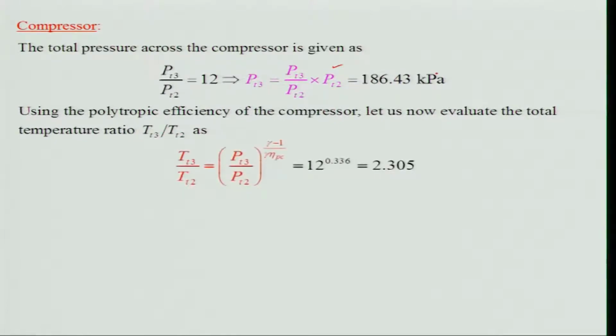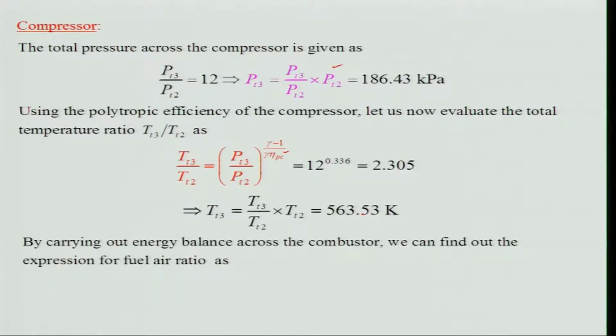The temperature ratio, we know PT3 by PT2. So, we know this polytropic efficiency, gamma is 1.4. So, you will get this ratio 2.305, right. And when you multiply TT2 by this temperature ratio across the compressor, you will get the temperature at the exit of the compressor, that is TT3 is equal to 563.53 Kelvin.